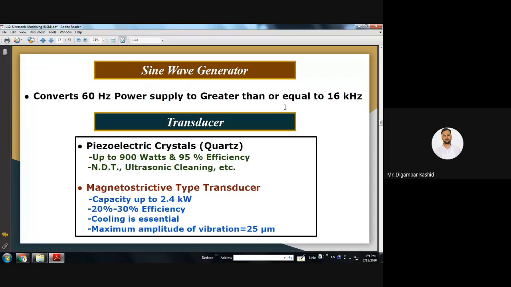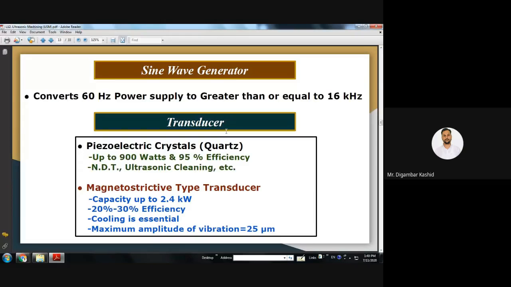Normally this 60 hertz power supply we get from our lab as well as from homes, and we need to convert it into a frequency of 16 kilohertz or greater.